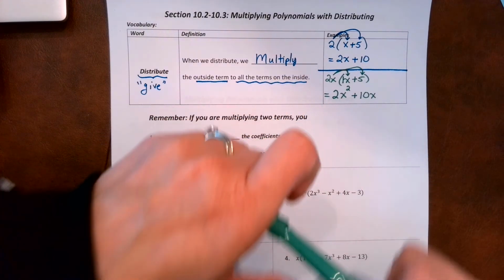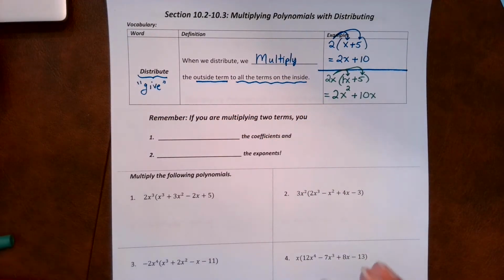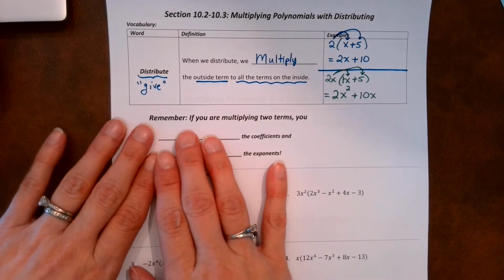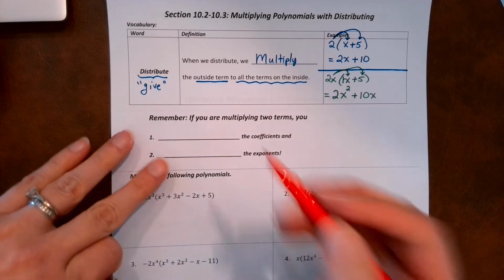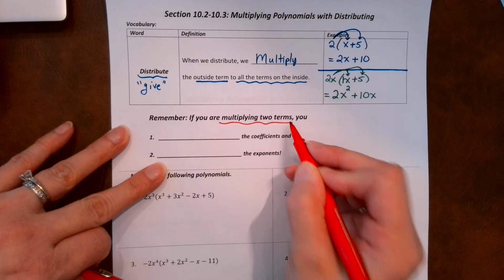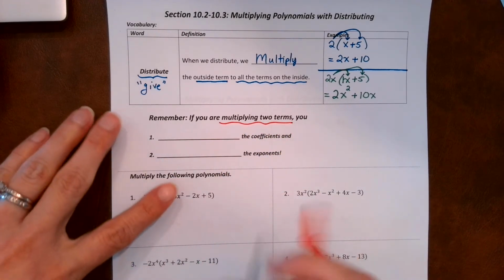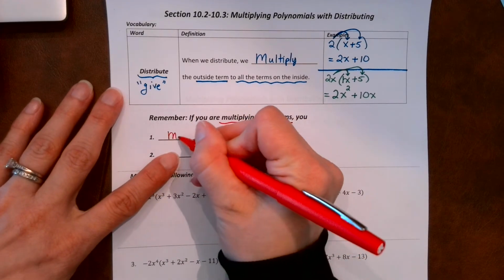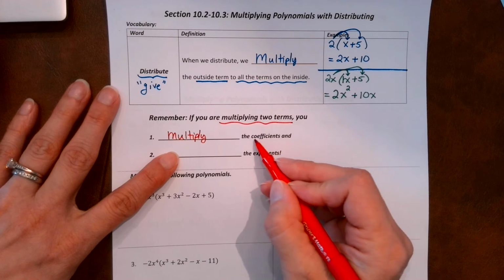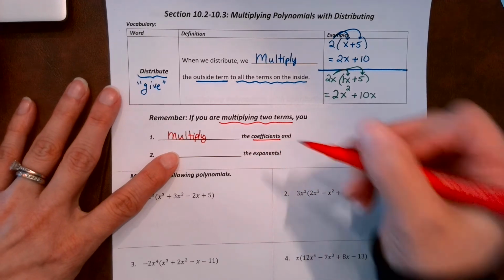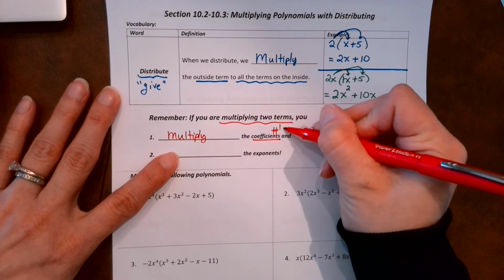So let's just say a couple of rules here. When you're multiplying terms, here are the rules. You multiply the coefficients. The coefficients are the numbers.